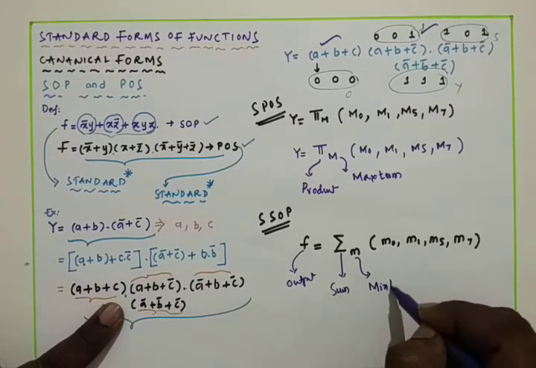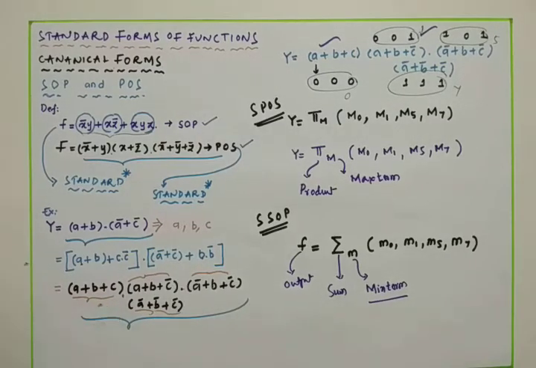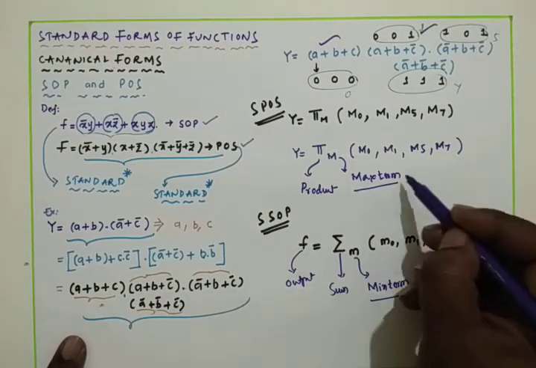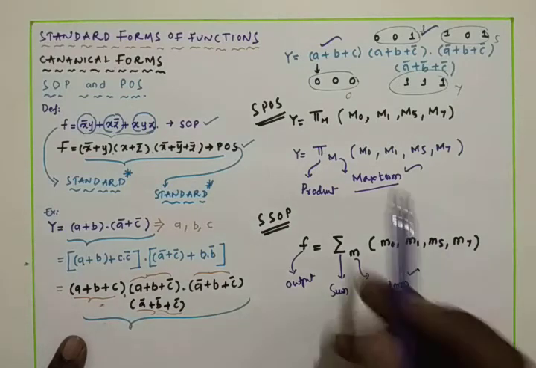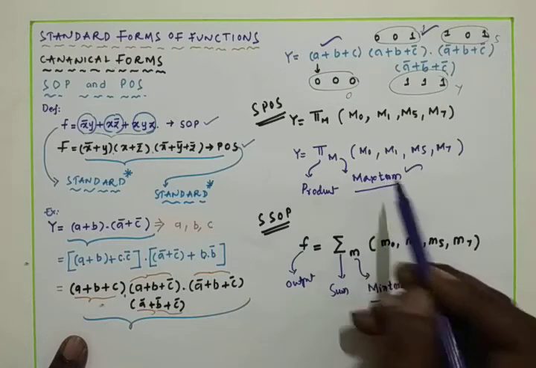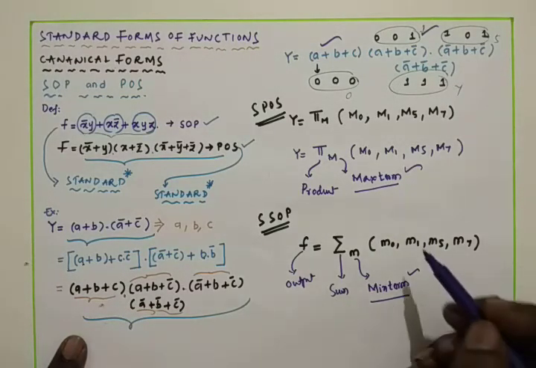That means each term in the SOP is called a min term, and each term in the POS is called a max term. This is very, very important. Each term in the POS is called a max term. Each term in the SOP is called a min term. Then what are the min terms?